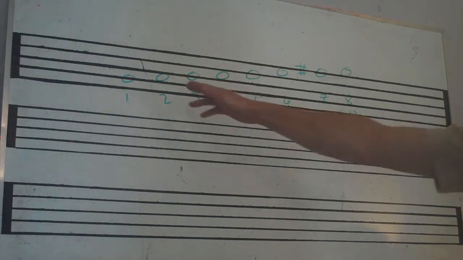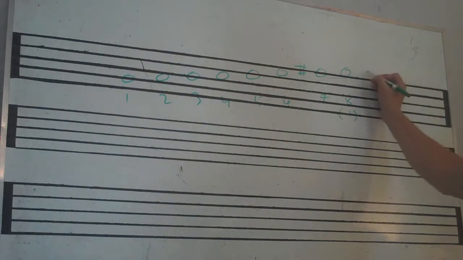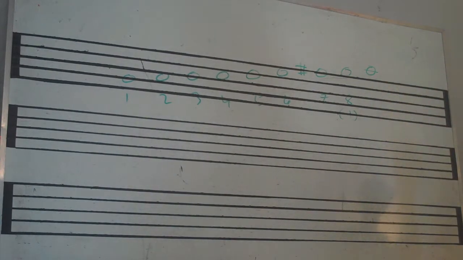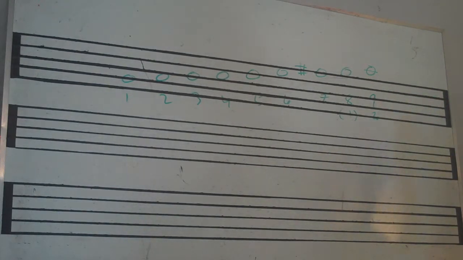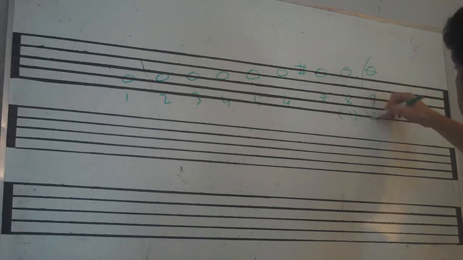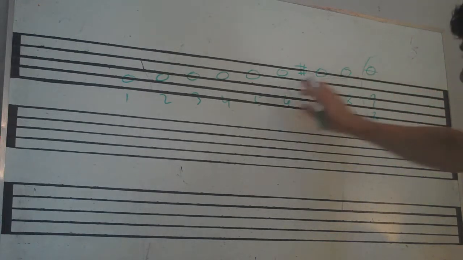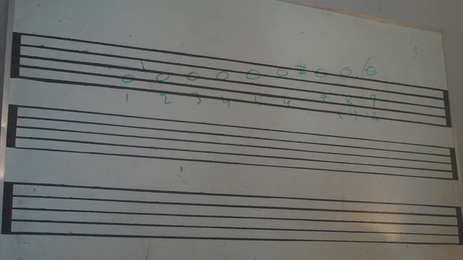Now if we extend this scale and we put an A up here, we can call that a 2, or we can call that a 9. The reason we call that a 9 is because it extends that scale or chord.